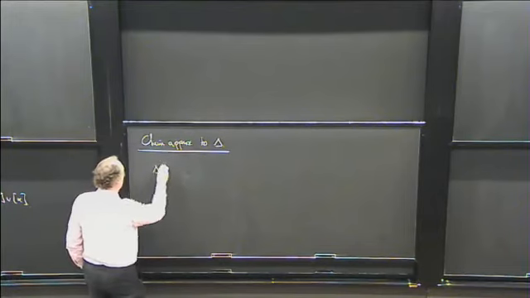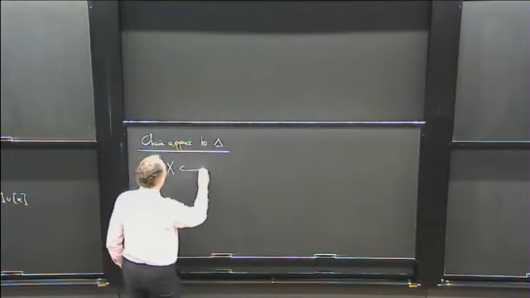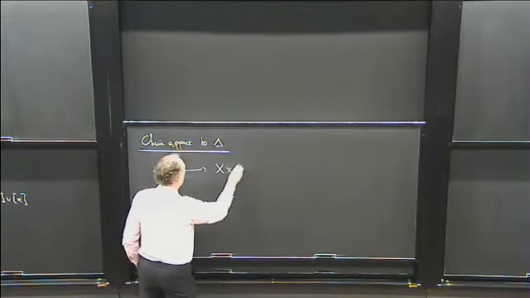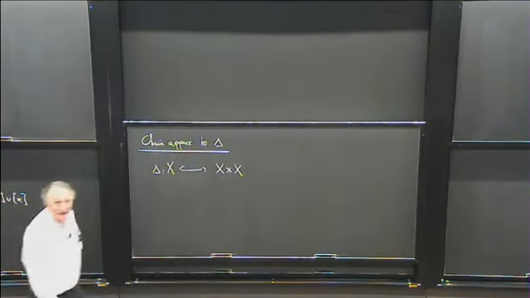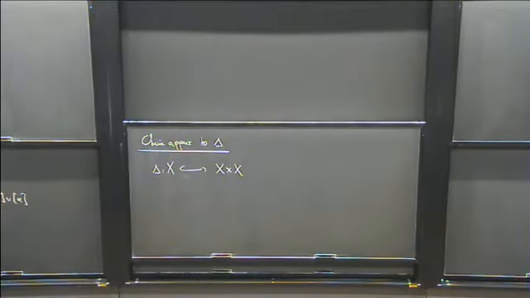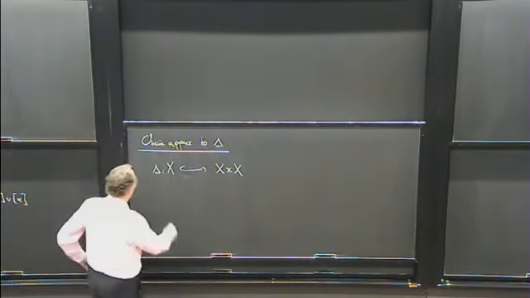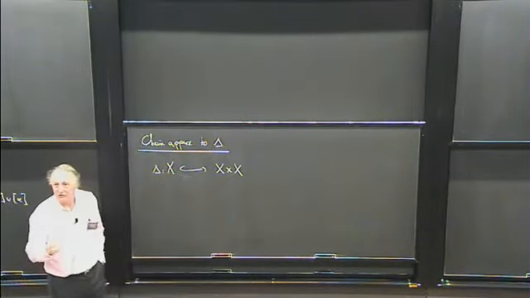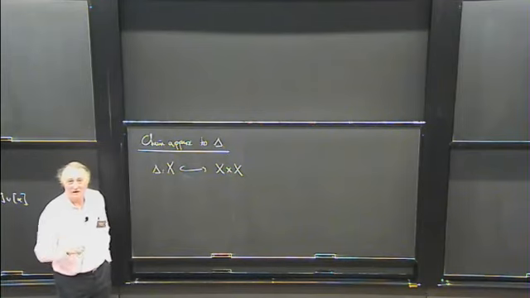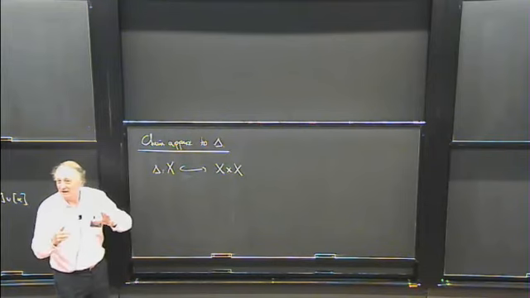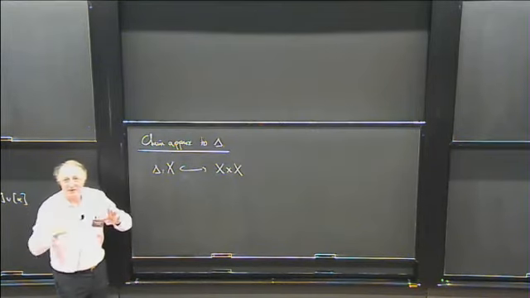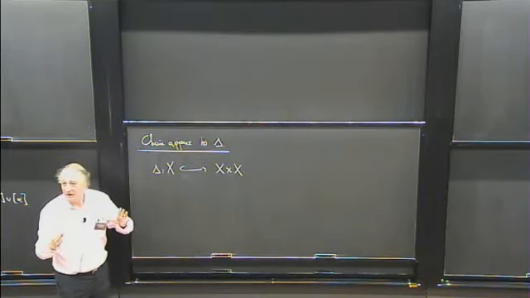So for any topological space, we have the diagonal of X embedded in X cross X. If X is now one of my regular cell complexes, I can replace the singular chains by the cellular chains, which has one Z for each cell, and the boundary map is given by just reading off the faces of the cells.